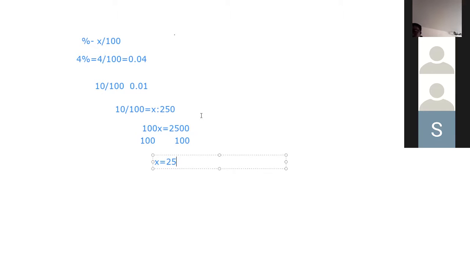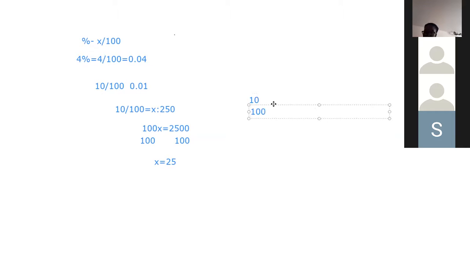We have to keep our values together. So if we have 10 grams per 100 milliliters, and you're going to do a fraction, it's going to have to be 10 over 100.